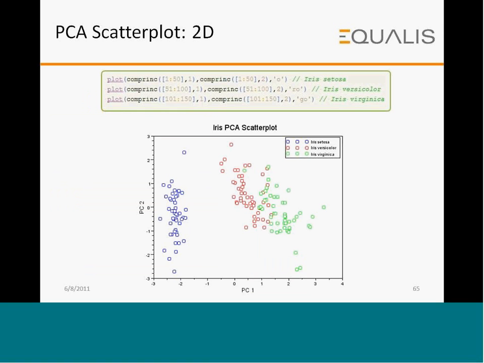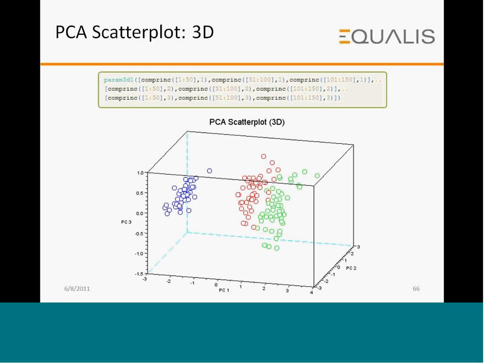This shows the PCA plots for the 3 species: Iris setosa, Iris versicolor, and Iris virginica. They are marked respectively in blue, red, and green. So this shows only PC1 and PC2, and you get a 3D plot where principal component 3 is also shown for each of these 3 species.